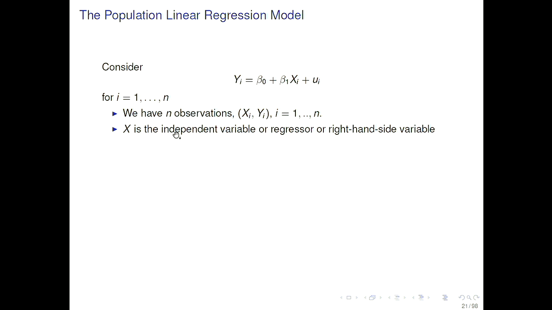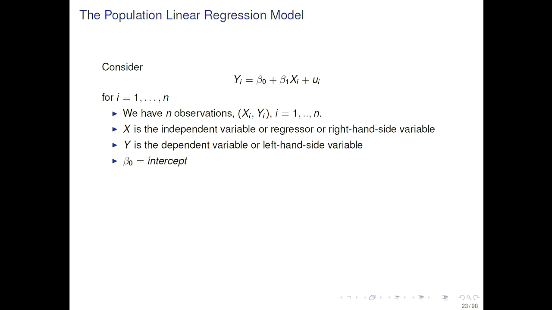But I don't like the first name, independent variable, because in many cases, the regressors are not independent at all. When you call x the independent variable, then y is going to be the dependent variable. But I prefer the new name, left-hand side variable. Again, when we call y a left-hand side variable, the locations become so obvious, so clear.